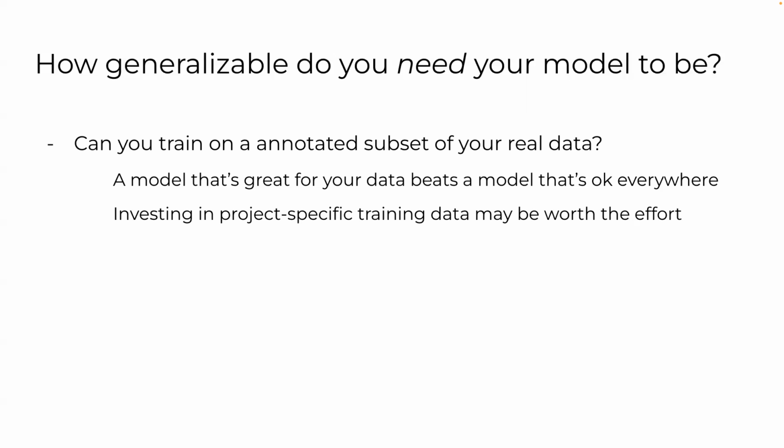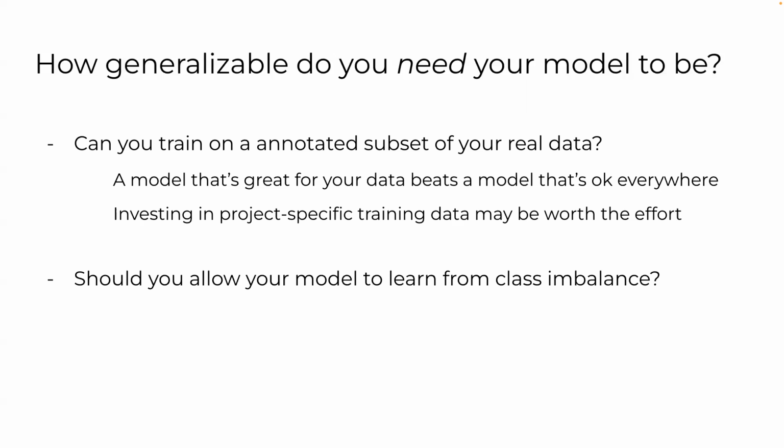If you have a random set of labeled data that's representative of the cases where you want to use your model, and your model does well there, who cares if it doesn't do well when you move it across the world? The model should be good for the place you want to use it. So investing in project-specific training data, specific to the place and time you actually plan to use your model, is often a very good investment of time.